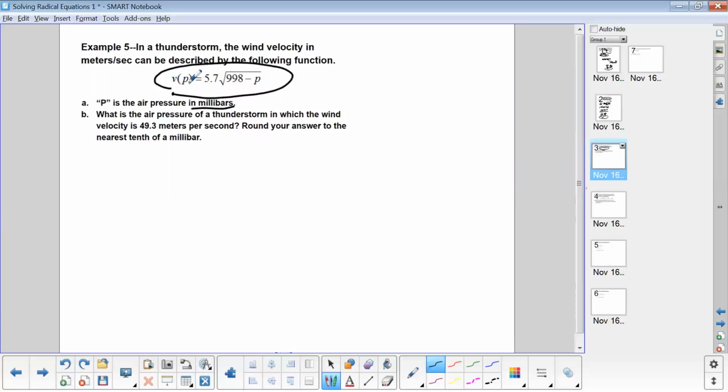So again, I've got another function V, involving velocity with an input of P, and P is the air pressure in millibars. So what's the air pressure of a thunderstorm? So I want to know what the pressure is if the velocity is 49 300 meters per second.